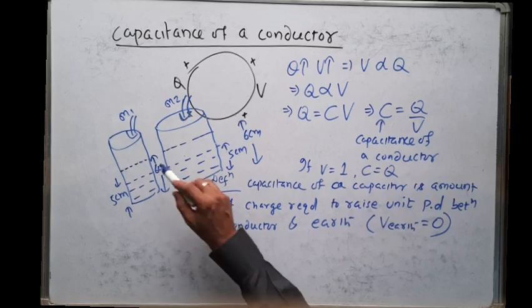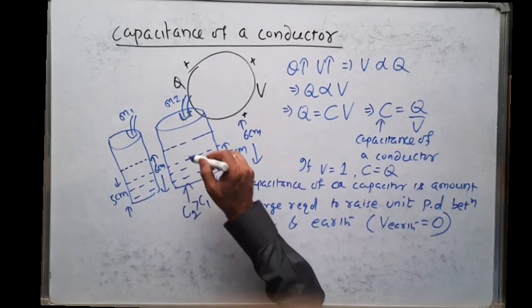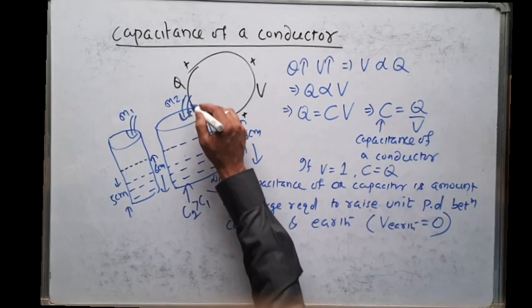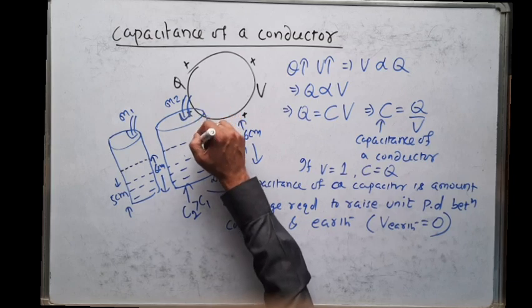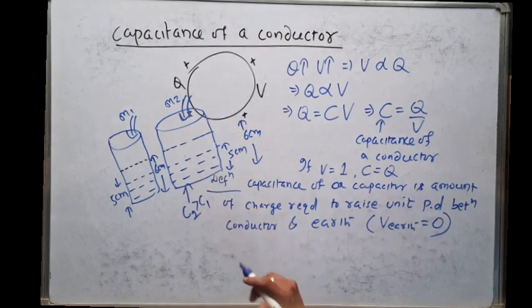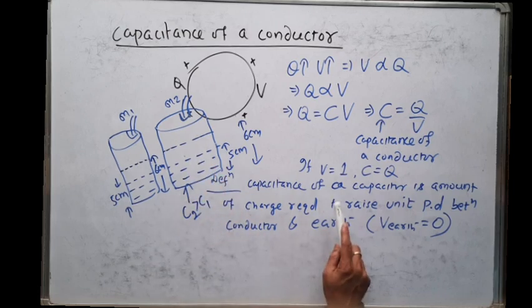So you can define the capacity of a glass: the capacity of a glass is the amount of water required to raise the unit level of the glass. Similarly, this is the definition of the capacitance of a conductor.